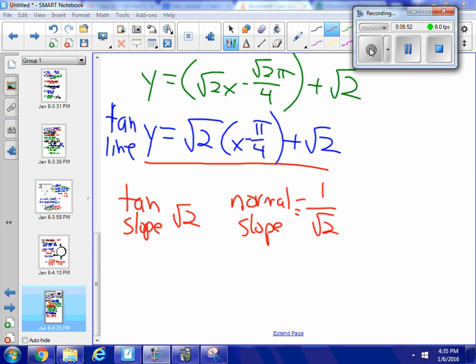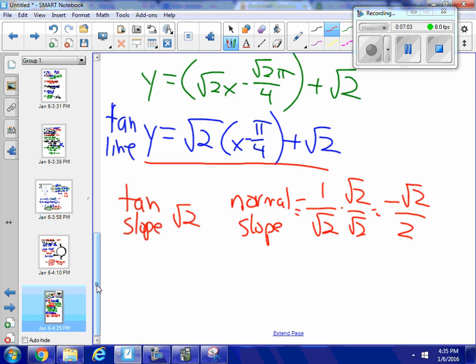Let's rationalize this. It's going to be equal to negative radical 2 over 2. Well, I have the same point I'm working with.